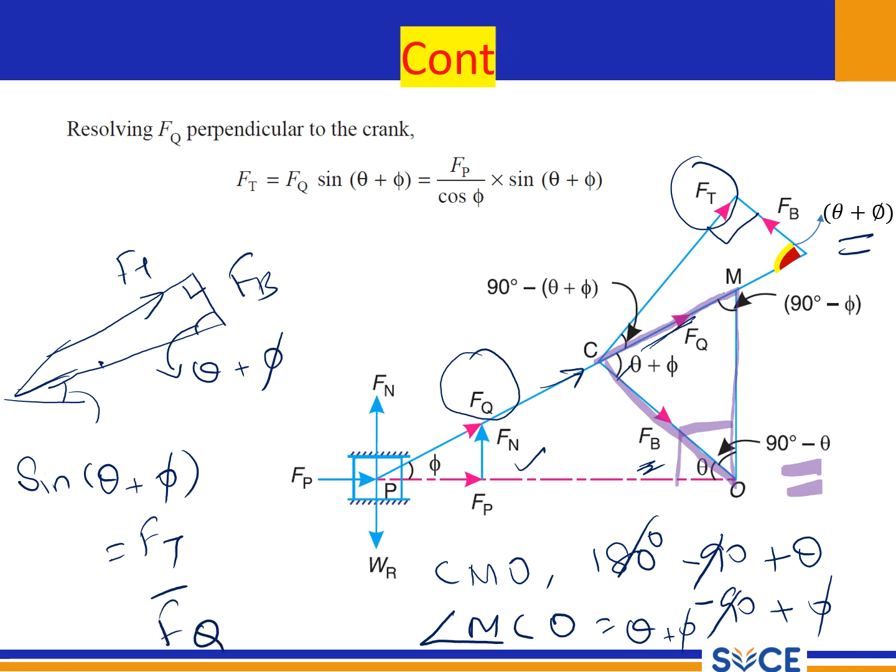So sine theta plus phi equals FT divided by FQ. So FT equals FQ into sine theta plus phi. You can substitute FQ as FP divided by cos phi, into sine theta plus phi.